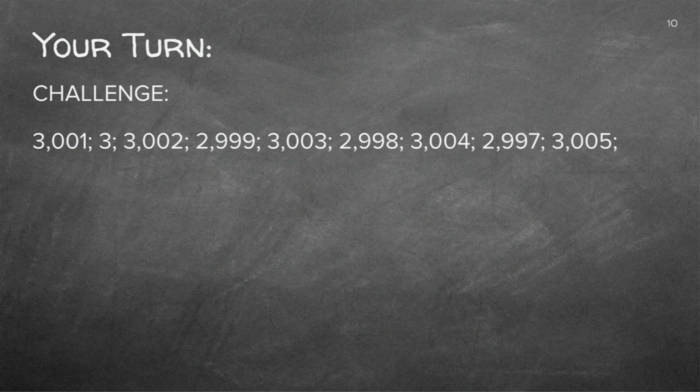Right. So now, there's a challenge for you. This one, you also have to put in ascending order. See if you can find the pattern here. And then you're going to go up to 3.005.